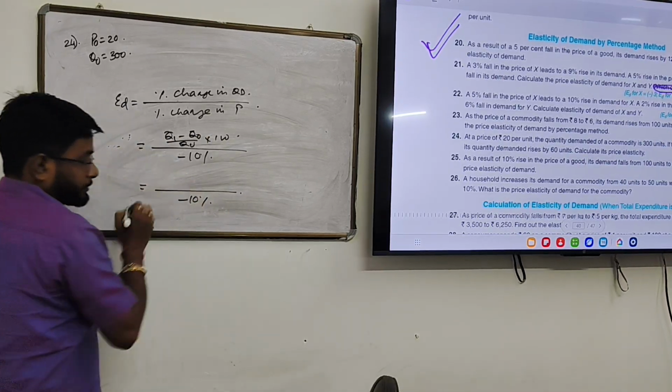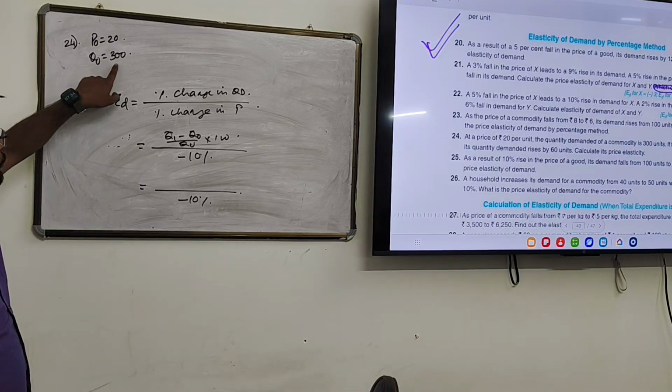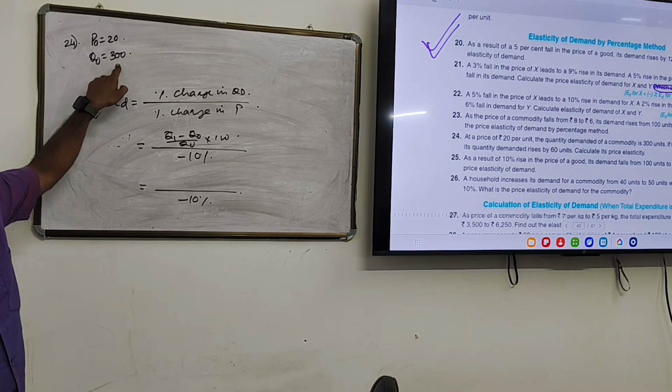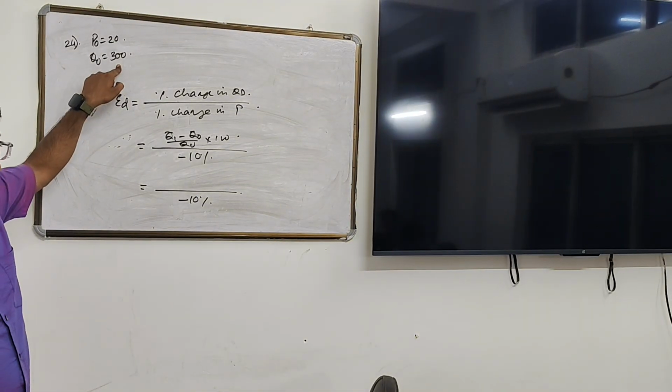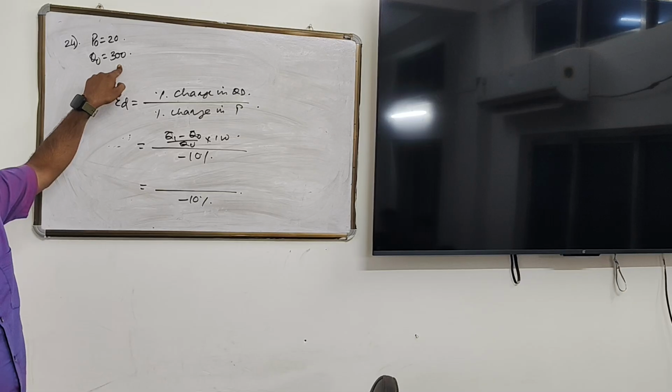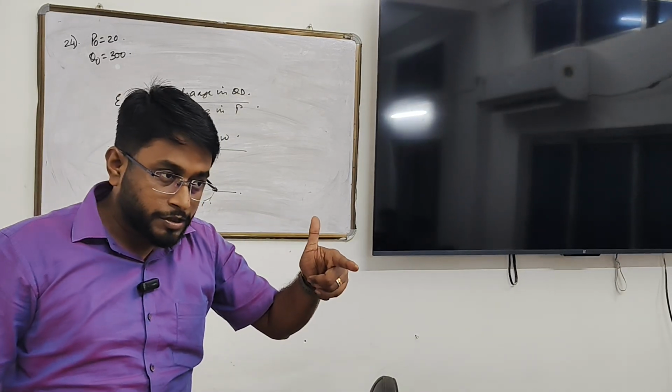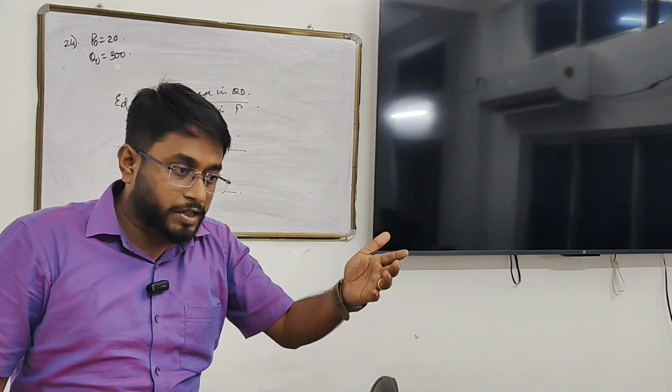Denominator 10%. Numerator: Q0 we all know, 300. What is Q1? 360. How do you know? Initially demand is 300 units and then it rises by 60.